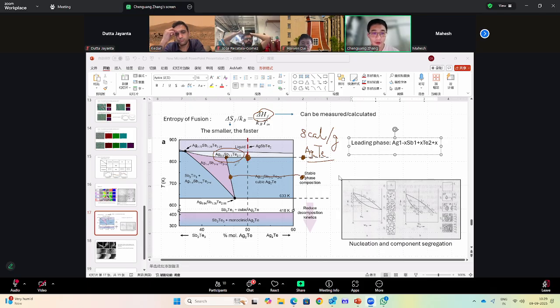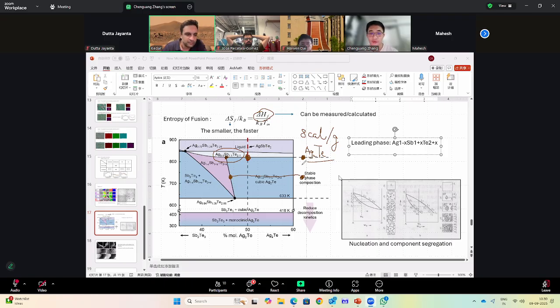Or if possible, we can use, I think for the non-stoichiometric silver antimony telluride, the entropy of fusion is quite similar to the stoichiometric one, because that's what I'm saying.